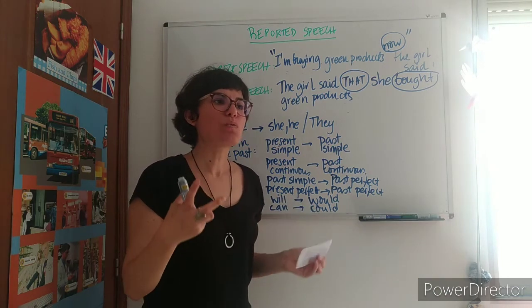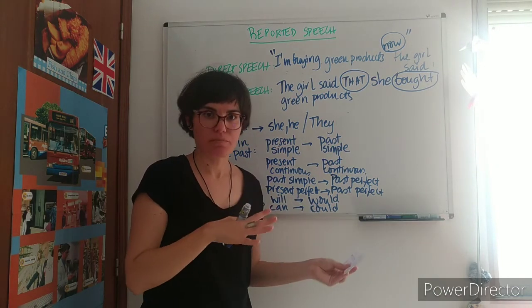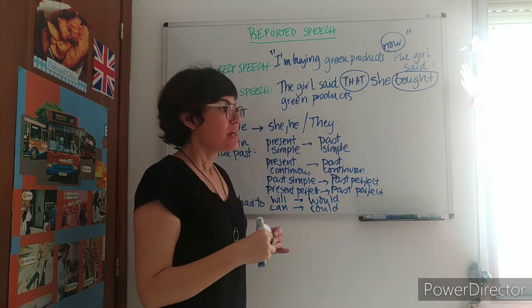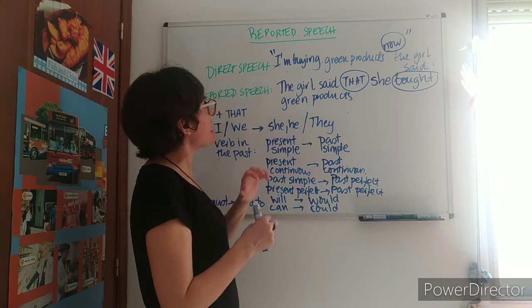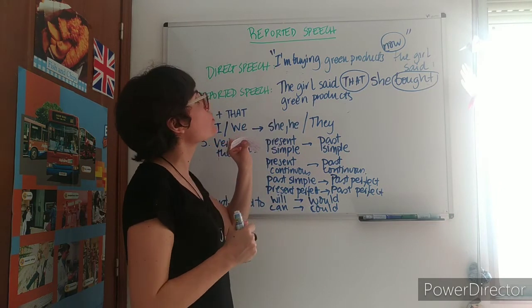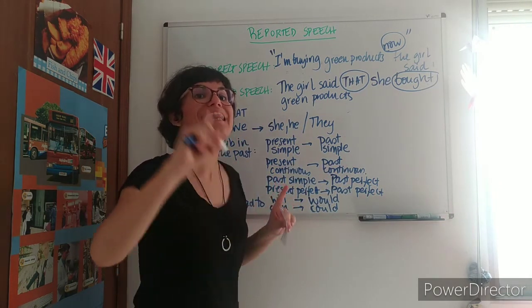So when there is any word that expresses time or place, we need to change it in the reported speech. So in this case, now would be turned into then.